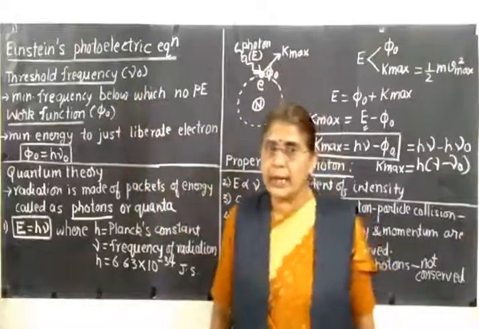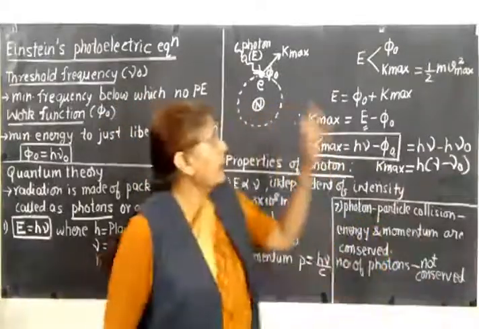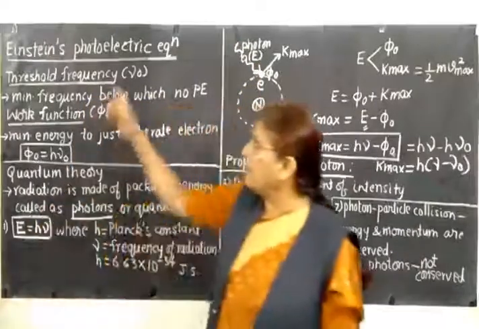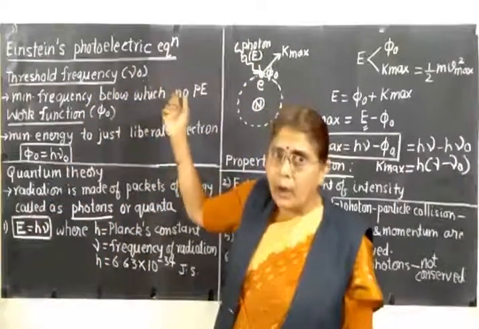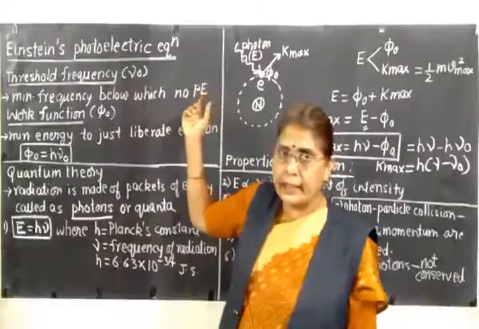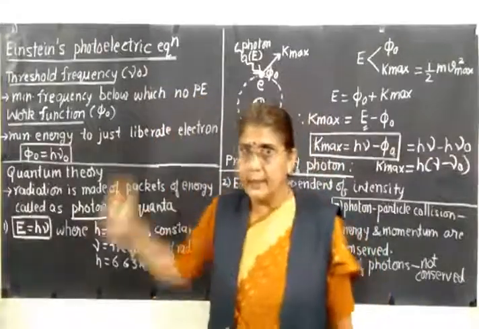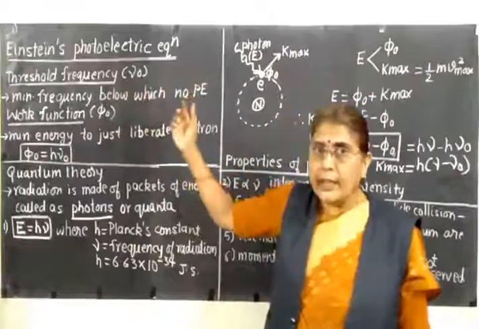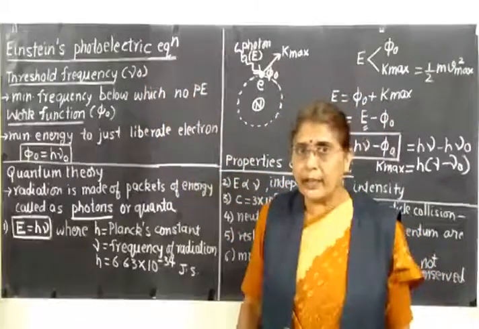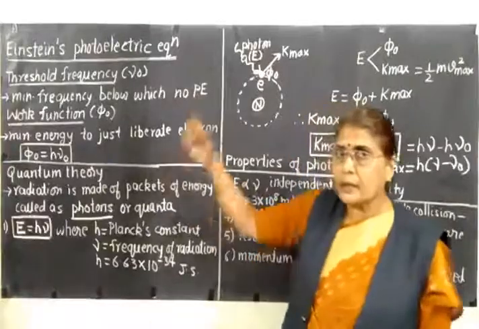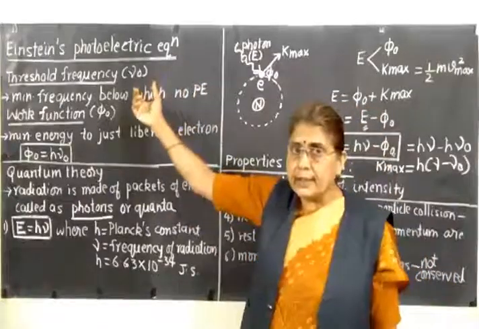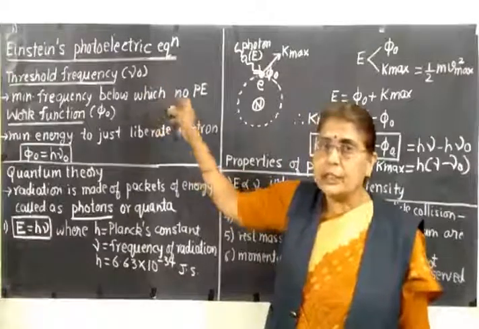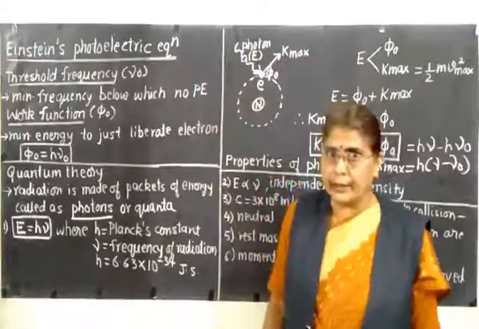I had told you that the incident radiation has a certain minimum frequency nu 0 below which there is no photoelectric effect. The meaning is, nu 0 is the starting frequency for the photoelectric effect. So this frequency is the minimum frequency below which there is no photoelectric effect.